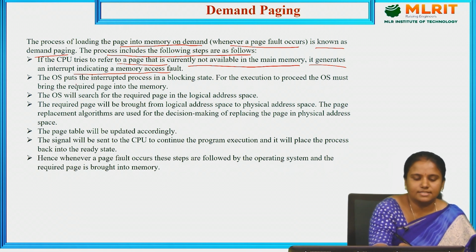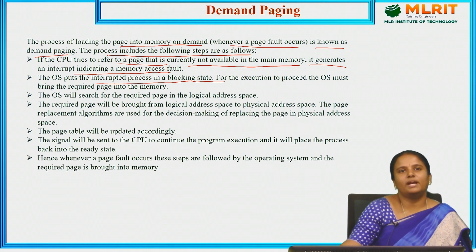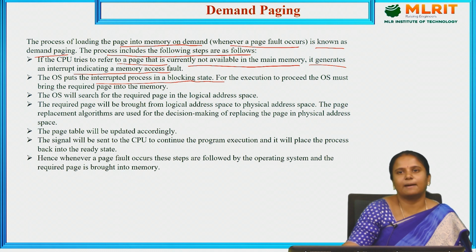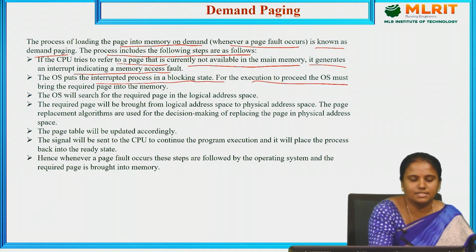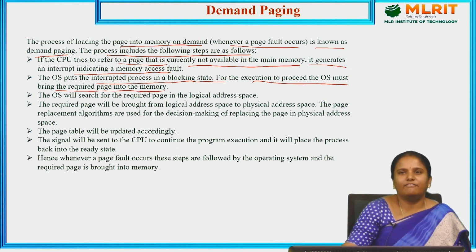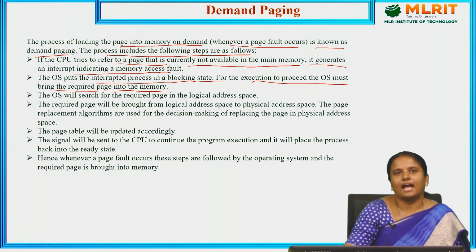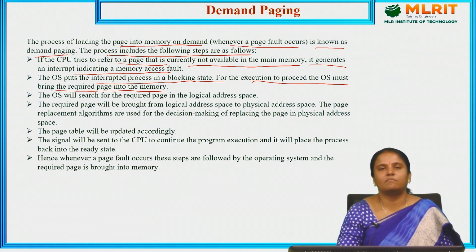The operating system puts the interrupted process in a blocking state. For the execution to proceed, the operating system must bring the required page into memory. So if the page is not available, the operating system should bring the required page into memory while the process stays in a blocking state.